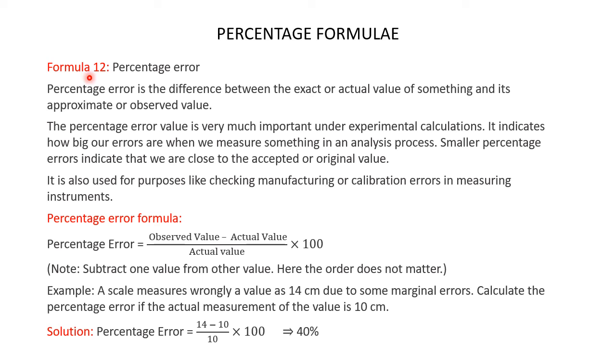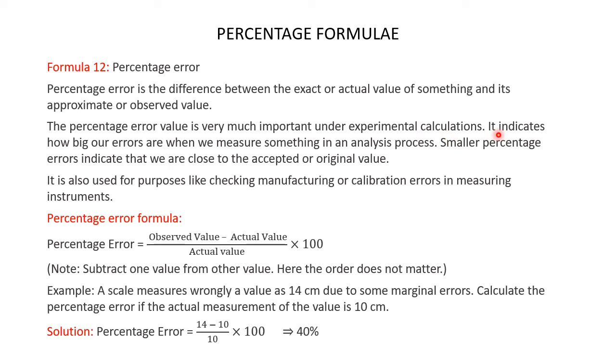Formula 12. Formula 12 is used to calculate percentage error. What is percentage error? Percentage error is the difference between the exact or actual value of something and its approximate or observed value. The percentage error value is very much important under experimental calculations.